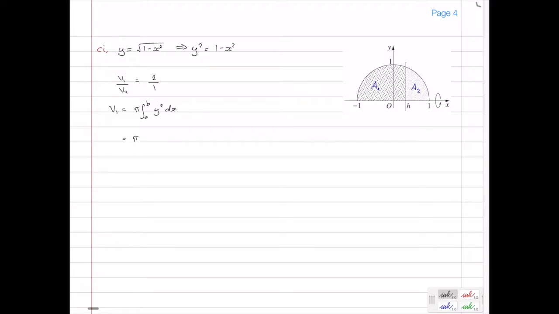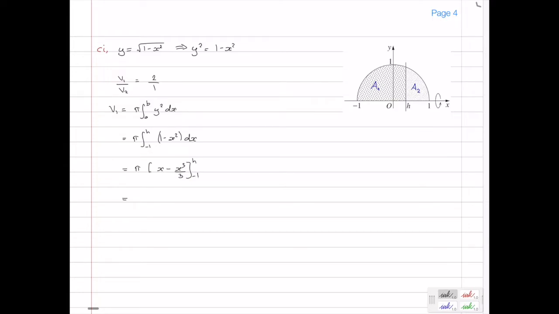So we have pi times the integral, now I'm going from -1 to h, of 1 minus x squared dx. And so this is just quite a simple integral here. Pi times x minus x cubed on 3 between h and -1.